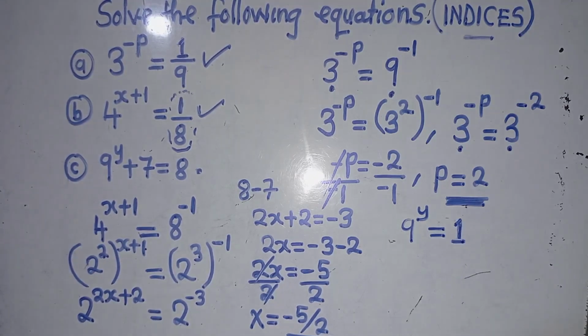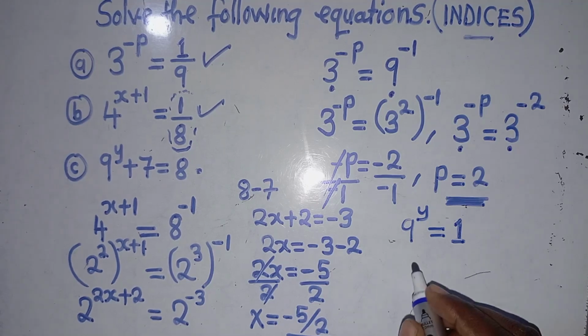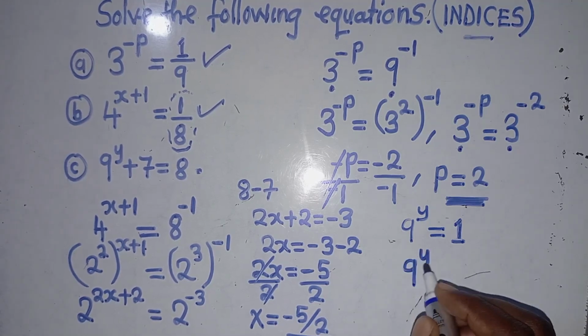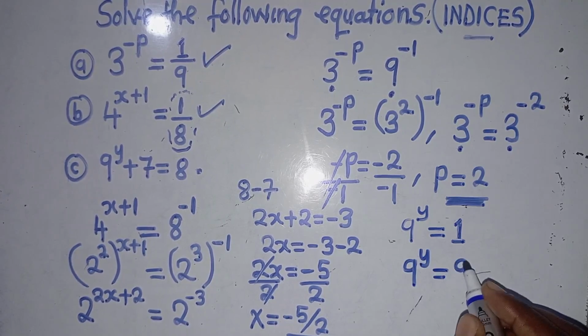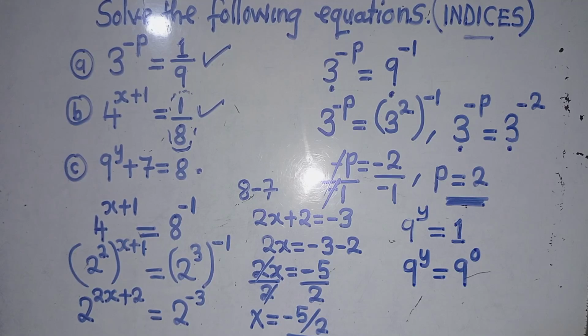You know that when a number is raised to the power 0, it is equal to 1. So 9 to the power y is equal to 9 to the power 0, because anything raised to the power 0 is equal to 1.